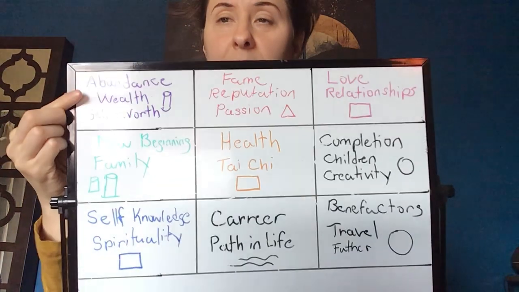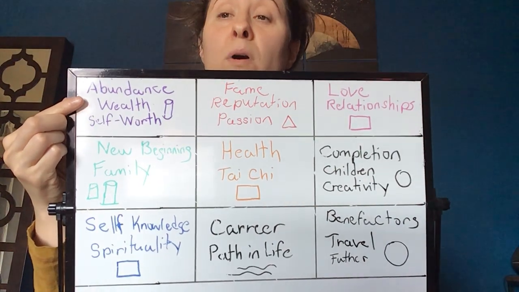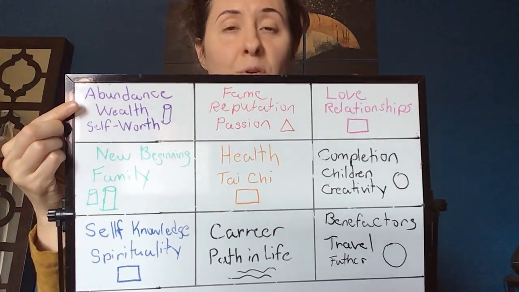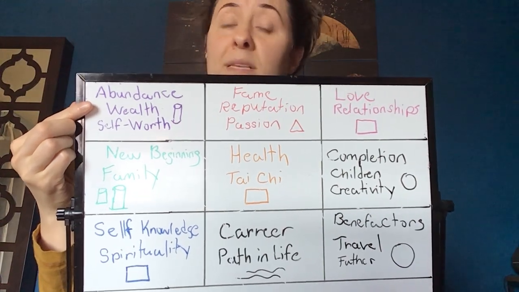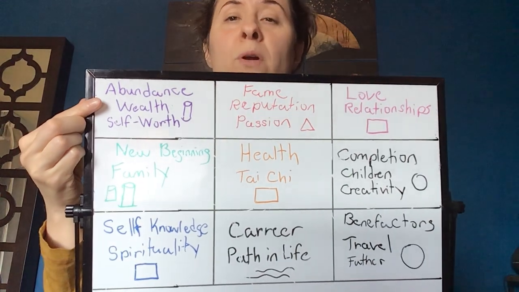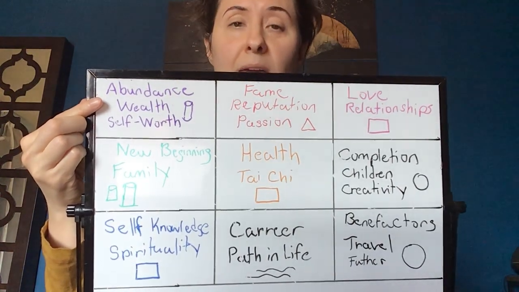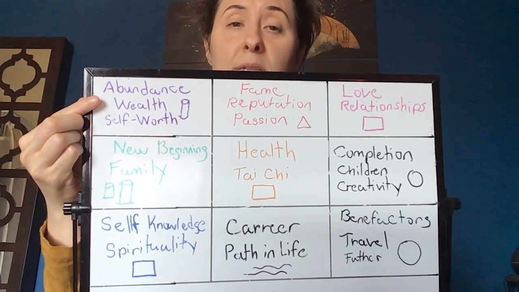Okay, so this is a great area to activate when you are wanting to ask for more, when you're wanting to believe that you're worth more, when you're wanting to make more money, and have just more flow of abundance in your life. And this is also connected with the season of spring.